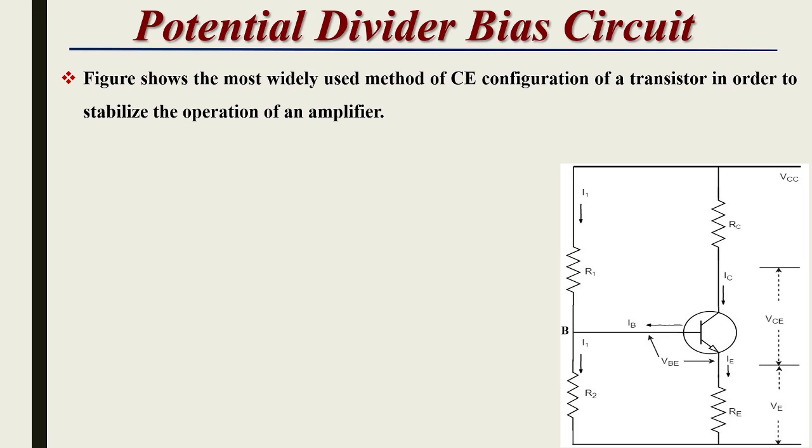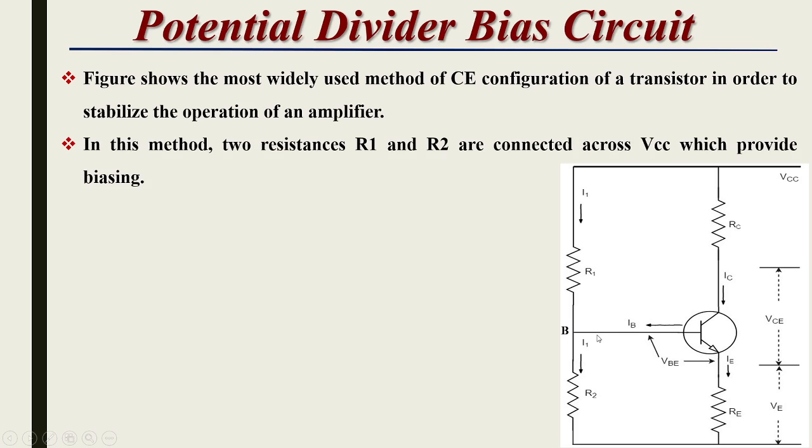Here in the figure is the most widely used CE configuration transistor. The base of this transistor is connected to the potential divider circuit. R1 and R2 form the potential divider bias, and a fixed voltage is applied to the base.